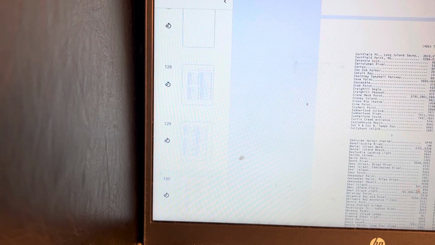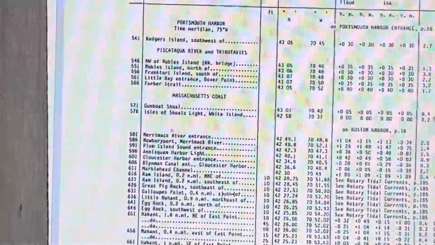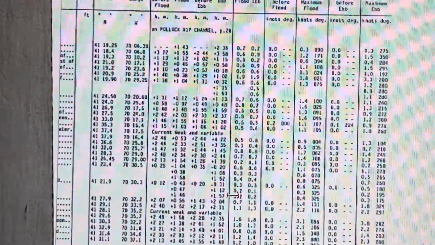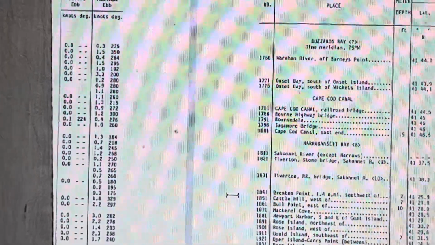So the next step is then to use 4336 and find our information for that station. So that's the 500s. You can see right there we skipped a couple hundred reference numbers. That's what I mean by we're missing a few pages.